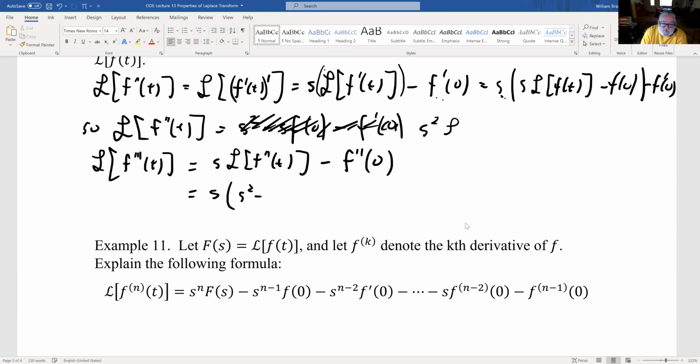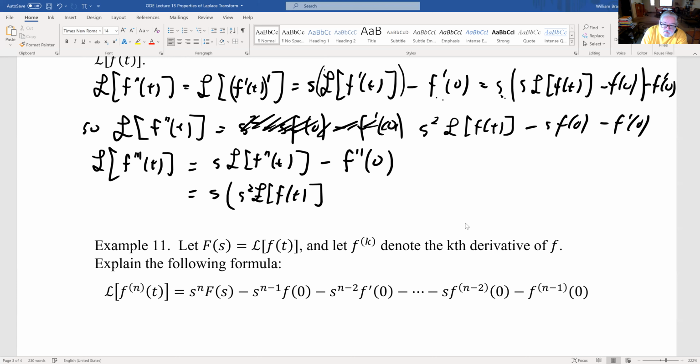It's s squared times the Laplace transform of f. I just totally forgot to put that in there. Minus s f at 0 minus f prime at 0. So s times s squared times the Laplace transform of f minus s f of 0 minus f prime of 0, minus f double prime of 0.